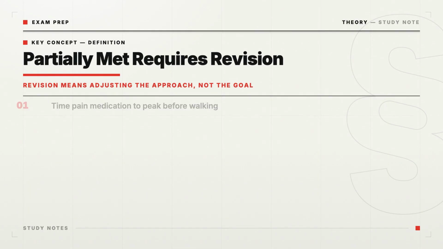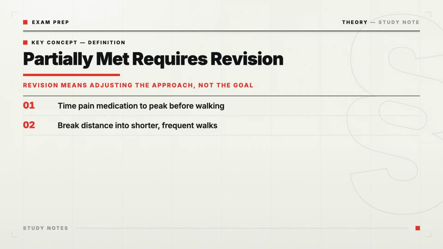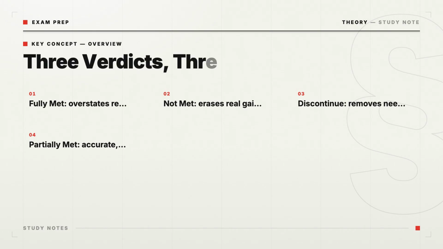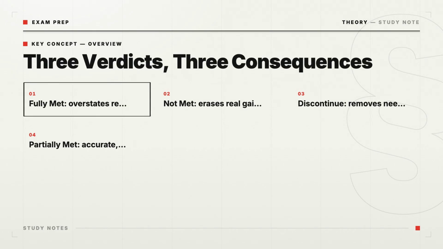Naming the outcome partially met points straight to an action. Revise the interventions. If pain cut walks short, time medication to peak beforehand. If distance was too much at once, break it into shorter, more frequent walks. The goal stays, the path changes. Calling this fully met overstates the result and wrongly freezes a plan needing change. Calling it not met erases real progress.